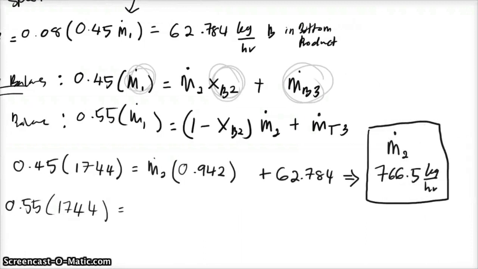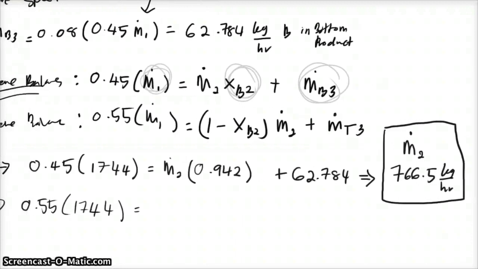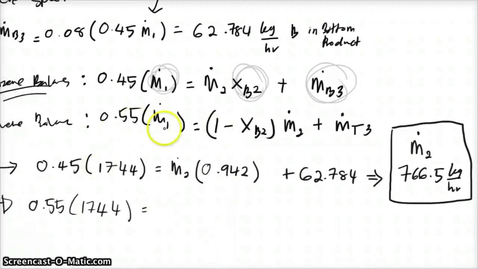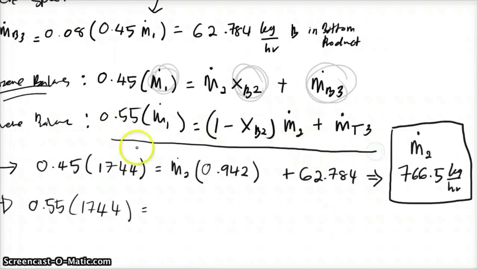No, we haven't found out the M2. Uh-oh, we found out the M2. What went wrong here? Oh, no. No, we're using this one. I looked at the wrong equation. Oh my lord.